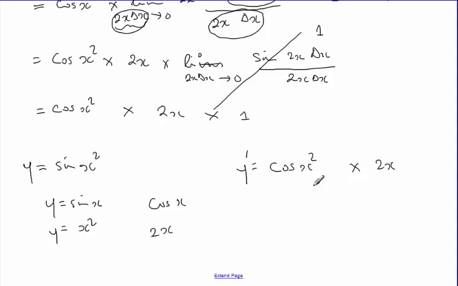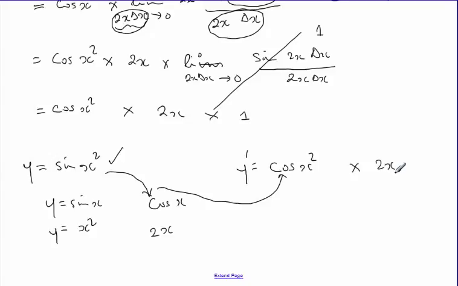Now let's summarize this. What did you do here? We were given sine x squared. To get its derivative, we need to call upon the immediate derivative. I'm saying the immediate derivative of the leading function, which is cos. Retain the argument, in other words, keep the same argument, but multiplied by the derivative of the argument.